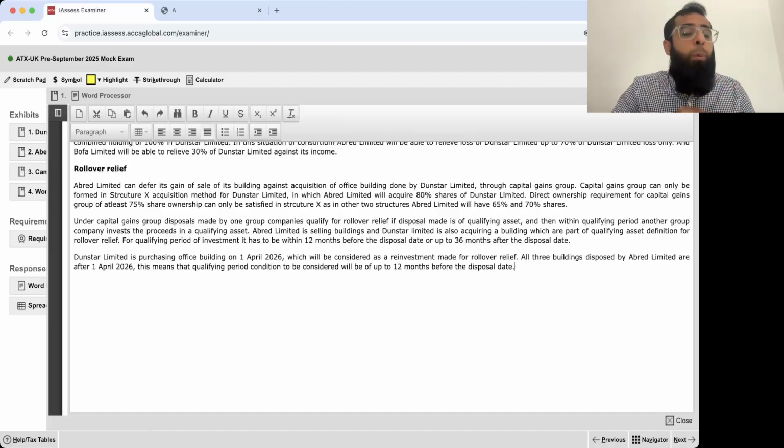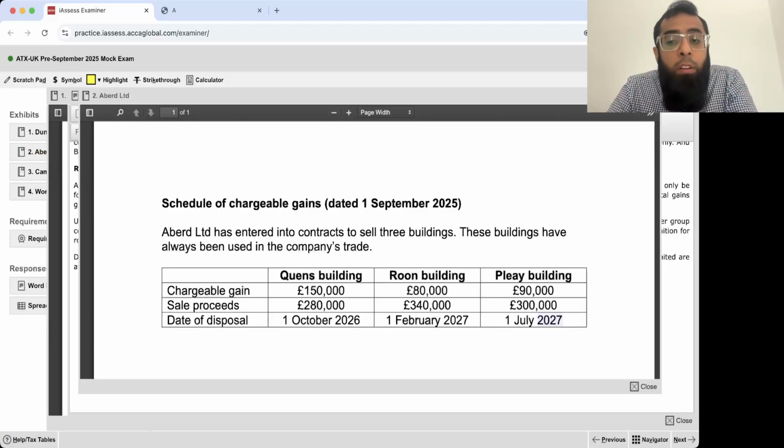Here I know everyone will get confused. See, you have done reinvestment in April 26 and then you are selling after that date. Yes, rollover relief allows that you can have reinvestments done up to 12 months before. Now, if you look at the Plie building, it was disposed on July 27.